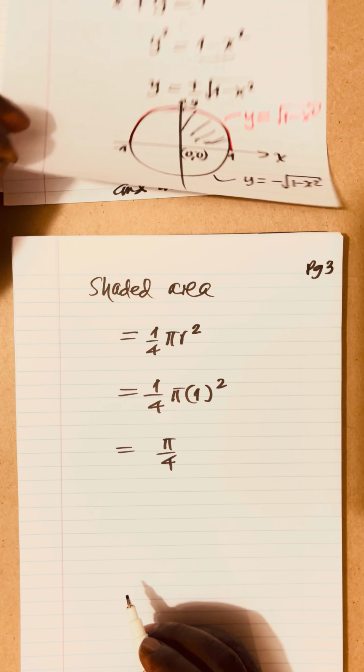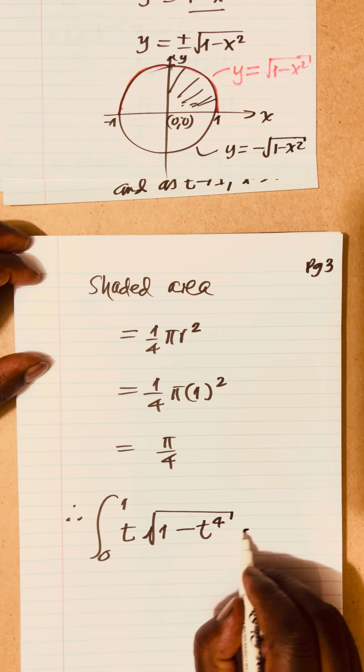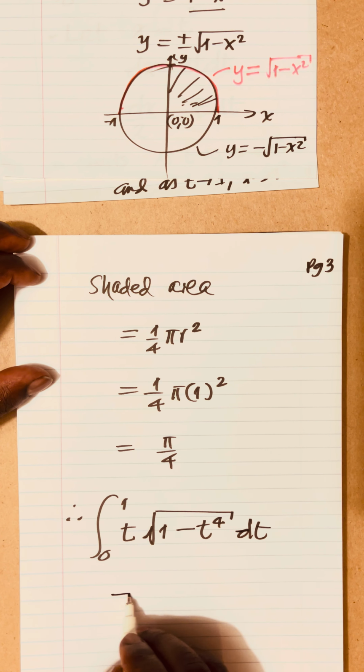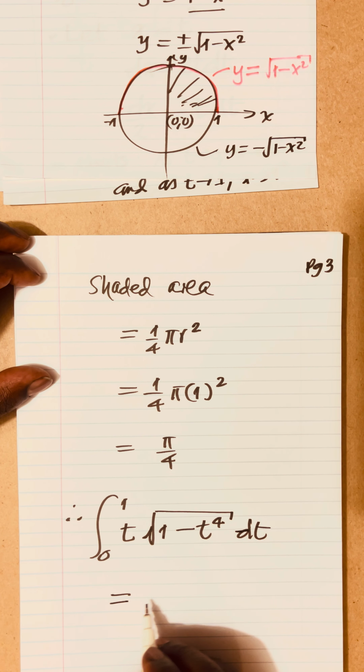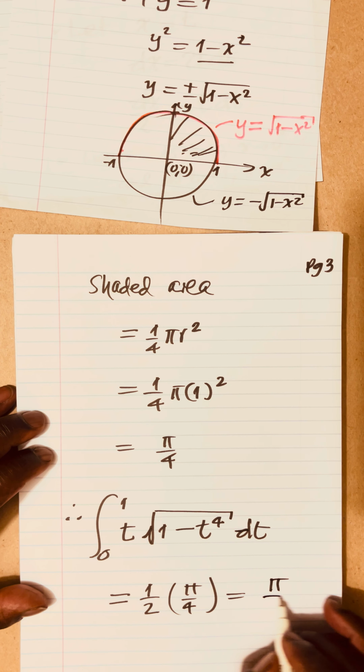So we're saying, therefore, the integral from 0 up to 1 of t times the square root of 1 minus t to the power 4 dt is just going to be equal to, remember, half. We're here, half of that, and that evaluates to pi by 4. So this is going to be half of pi by 4. You agree with me, the answer is just pi by 8.